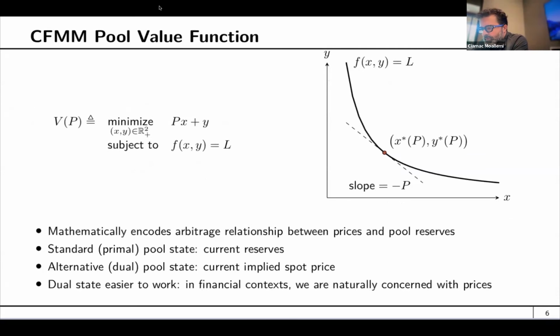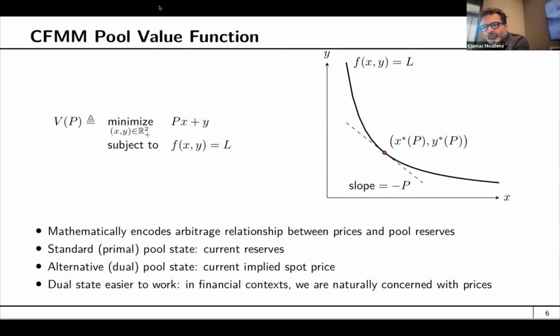Why is this important? Well, a couple of things. I've already mentioned that it mathematically encodes the arbitrage relationship between prices and pool reserves. However, it also gives us an alternative description of the state of the pool. Later on in the third part of the talk, we're going to reason about how this pool behaves dynamically over time and try to understand how much money the liquidity providers make or lose.